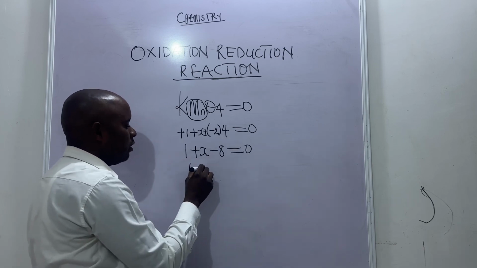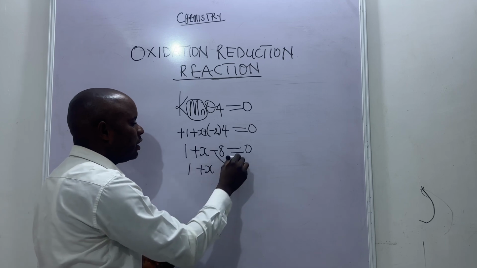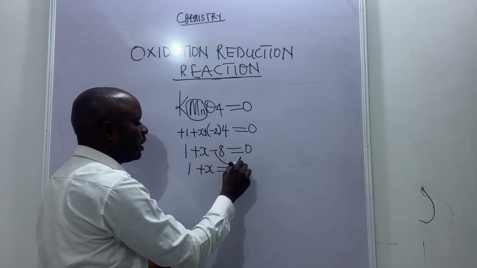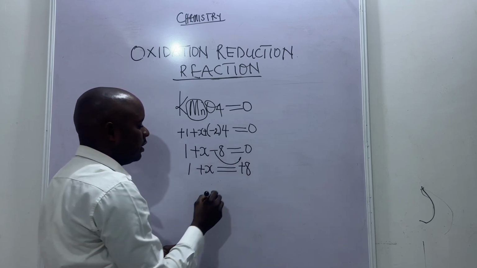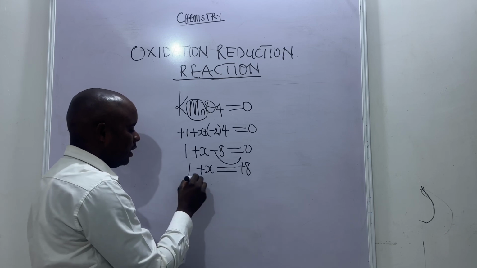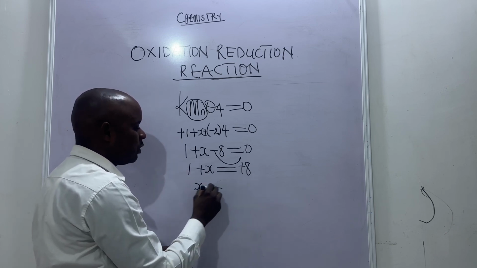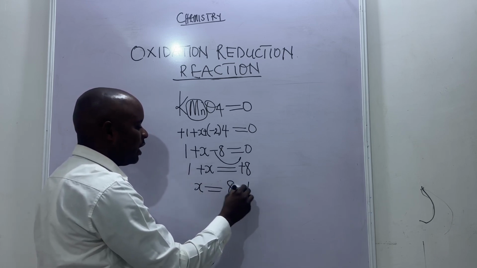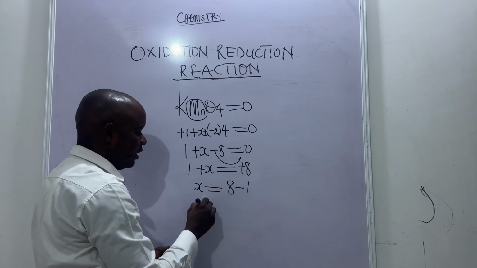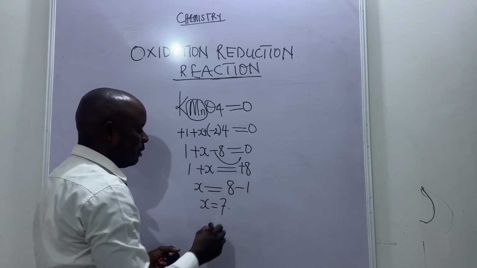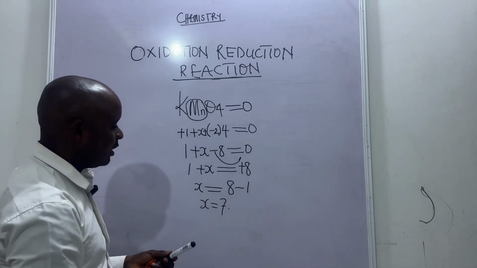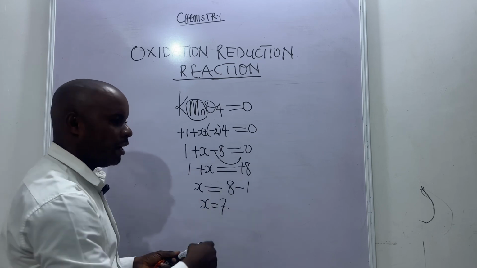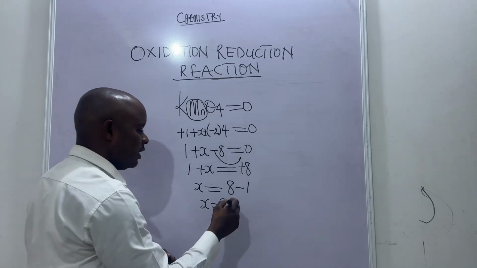1 plus S, when it crosses this bridge, it turns to +8. So S will move automatically to 8 minus 1 to give S is equals to 7. By so doing, we can have that the oxidation state of this compound is 7.